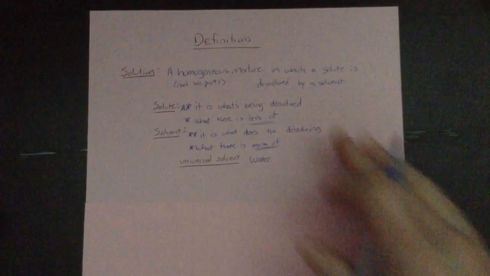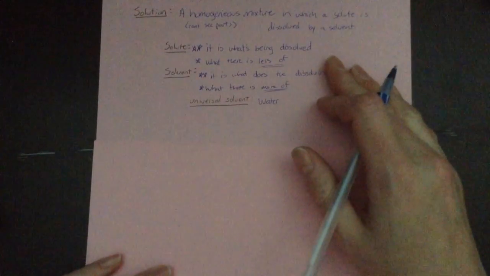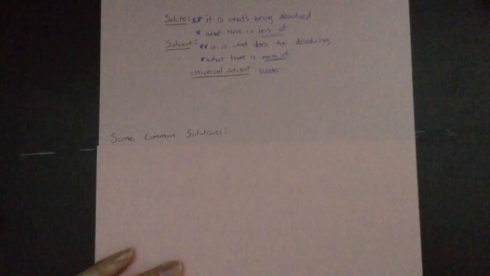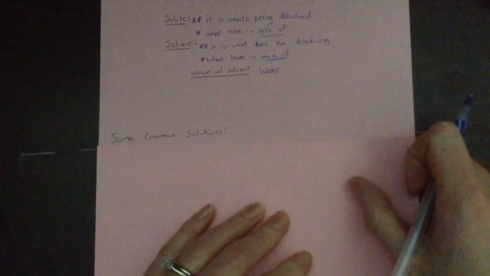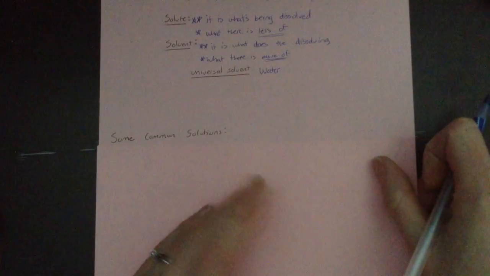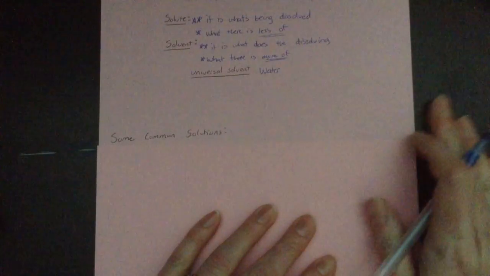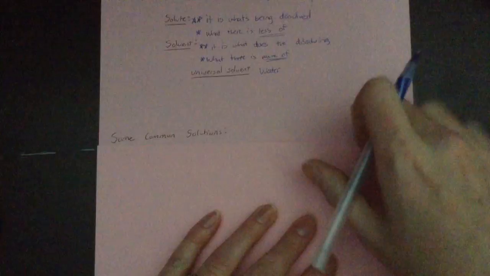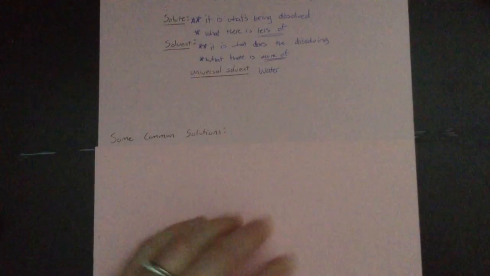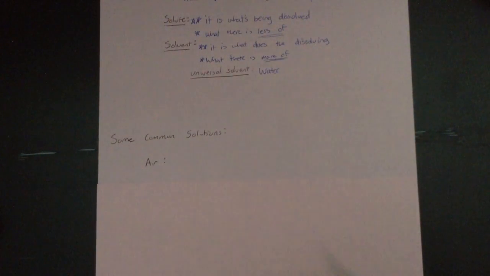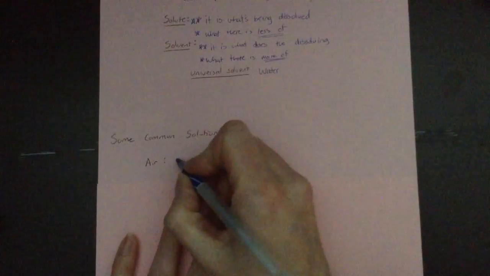Okay, so the next thing we're going to talk about briefly is some common solutions that you might come across in regular everyday life. In fact, almost everything that you can think of is an everyday solution. This table is probably a solution. I can't see the parts, and I know it's got different pieces in it, so it's technically a solution. It's a solution of solids. Brass is a solution of solids too, but here's some that we'll discuss. Air is a solution. You can't see the parts. There are some things dissolved in the air.